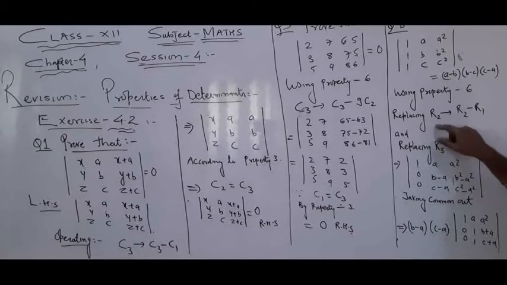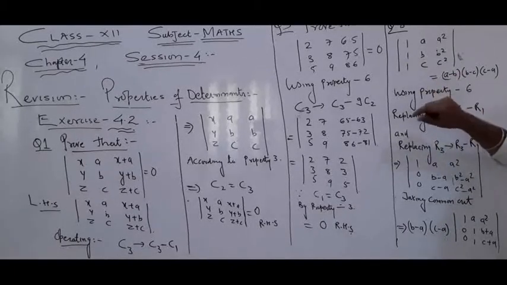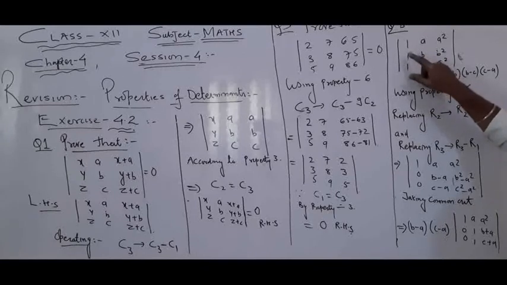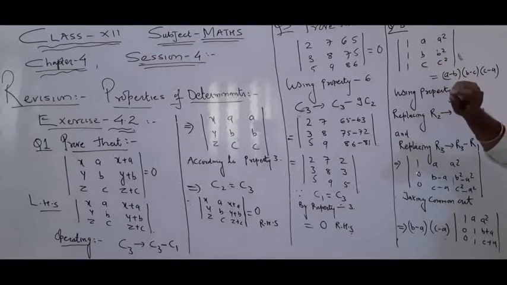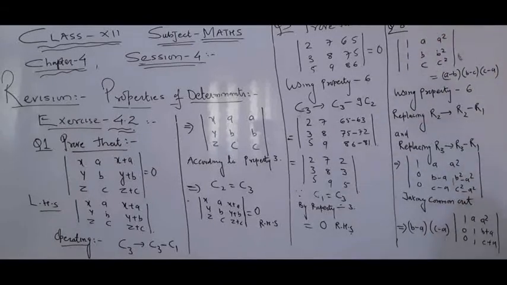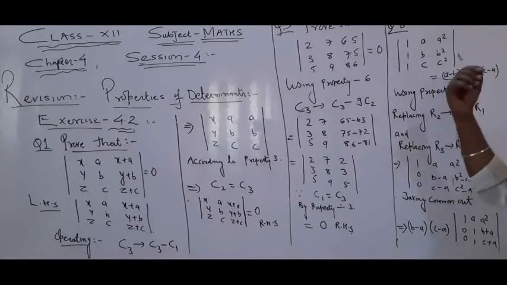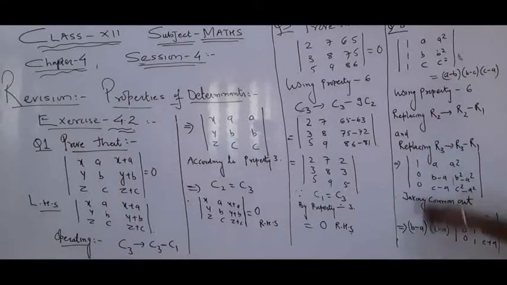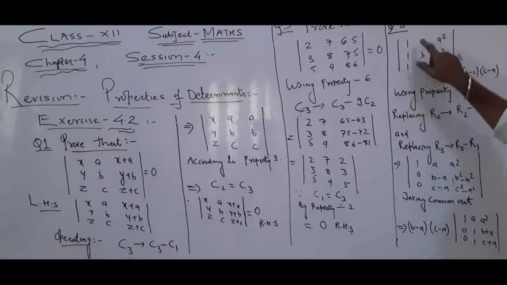Replace R2 by... what my aim is now, I am going to make 0 here and 0 here also. If I make 0 0 here, then it will be easy for me to expand this determinant. So I am replacing R2 by R2 minus R1, and directly replace R3 by R3 minus R1.